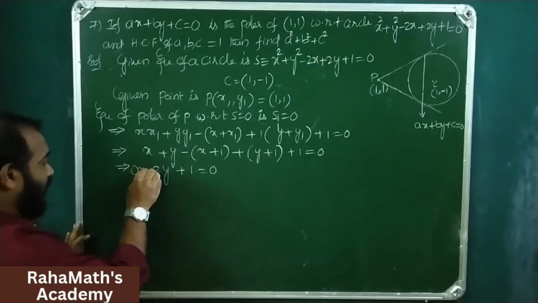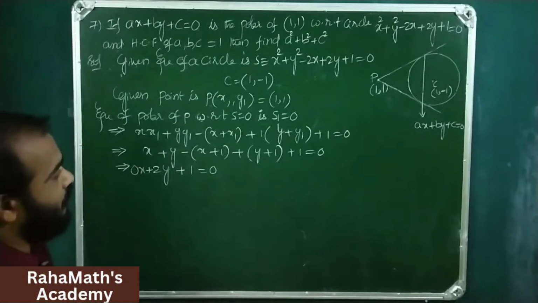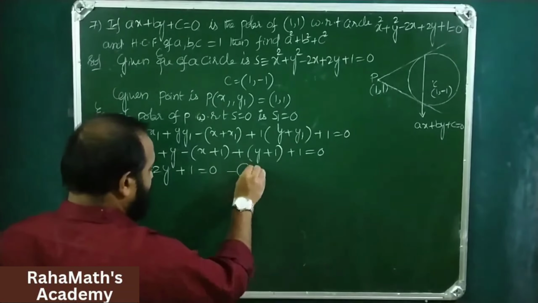We can write it as 0x + 2y + 1 = 0. Let us suppose this is 1.